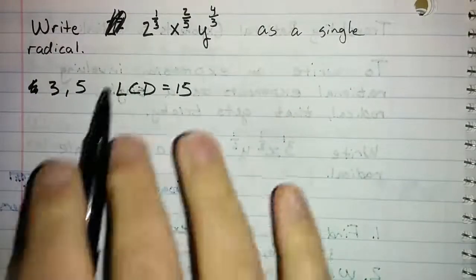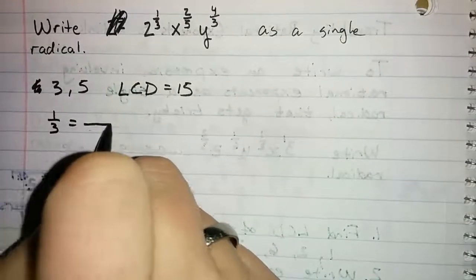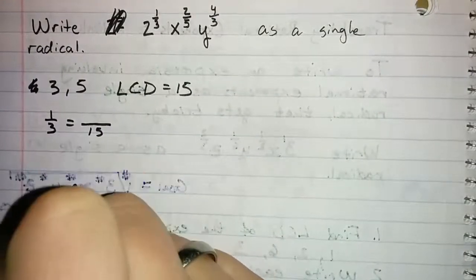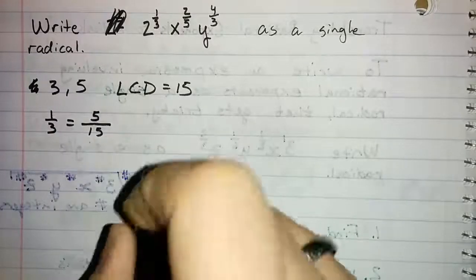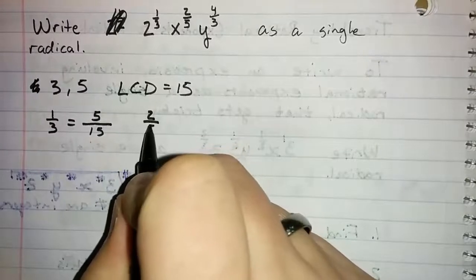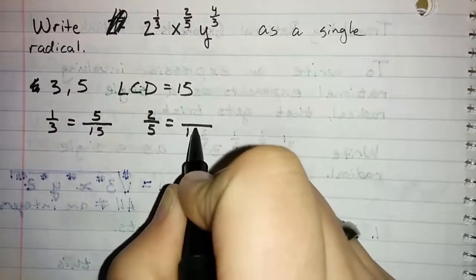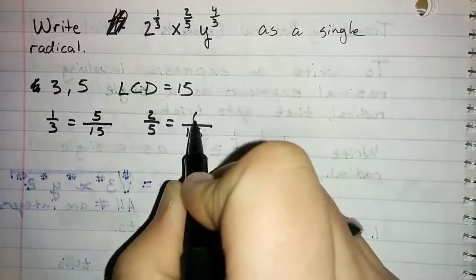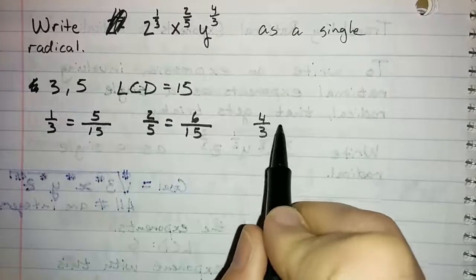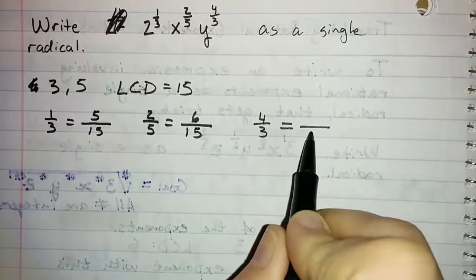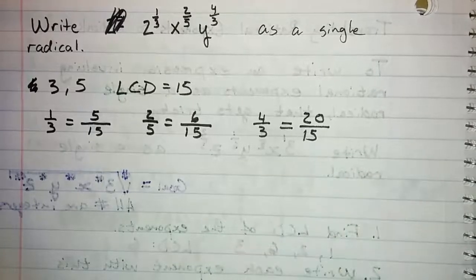What can you do? So I'll have my 1/3. I had to multiply 3 by 5, so I'll have 5/15. 2/5. I had to multiply 5 by 3, so I'll have 6/15. And 4/3. I had to multiply 3 by 5, so I'll have 20/15.